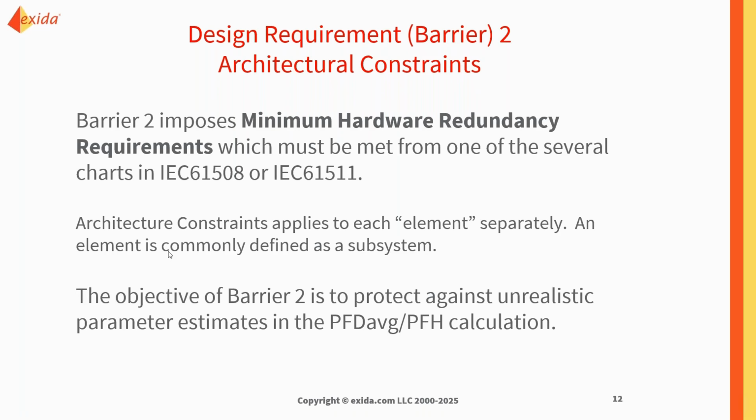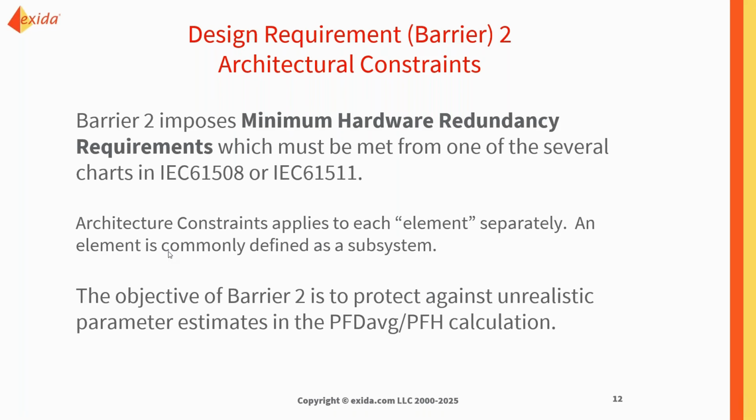So having met barrier number 1, how do we meet barrier number 2? And as I said, the purpose of barrier number 2 is to impose minimum hardware redundancy requirements, which can either be met from one of the 3 charts in 1508 or the chart in 1511. And architectural constraint applies to each element separately.